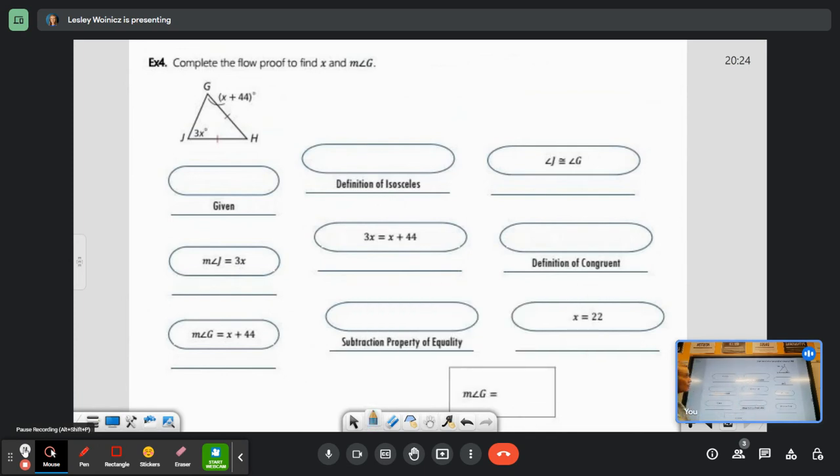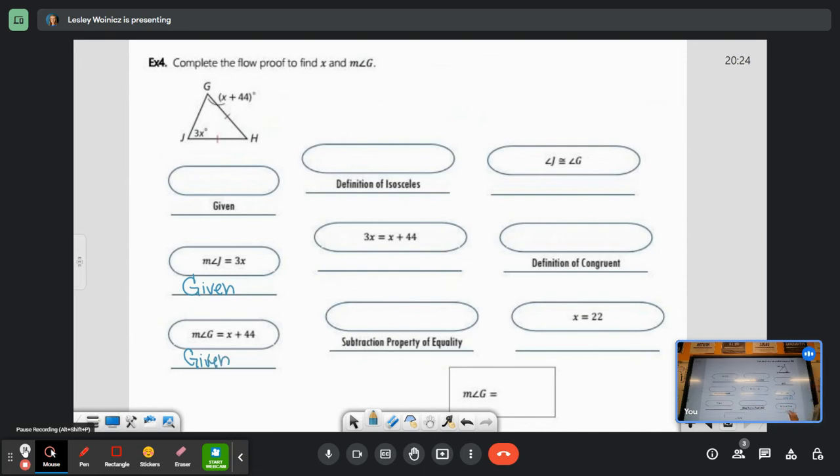Okay, so we have to complete the flow proof to find x and the measure of angle G. So we're given some information. First, we know that the measure of angle J is 3x. That is given to us. Next, we know the measure of angle G is x plus 44. That was also given to us.